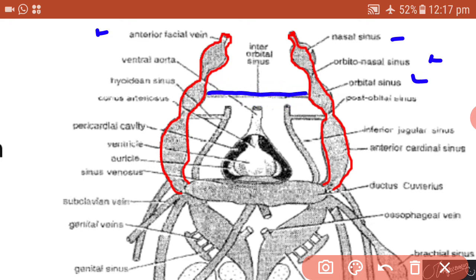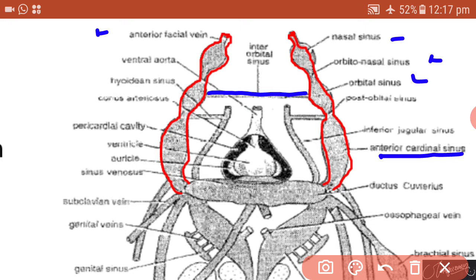Then the two orbital sinuses are connected by a vein called the interorbital sinus. This interorbital sinus connects the two orbital sinuses, and then continues into a large sinus called the anterior cardinal sinus.